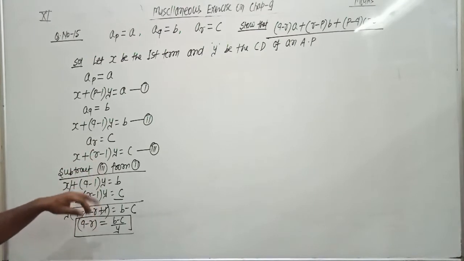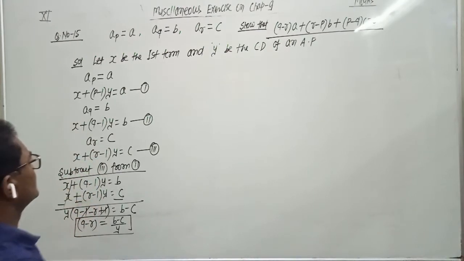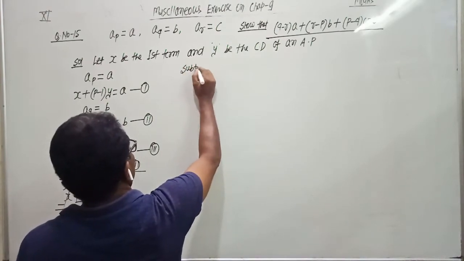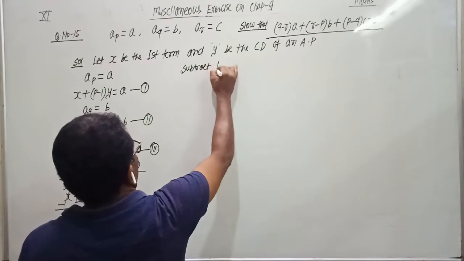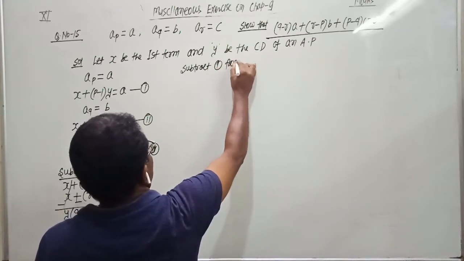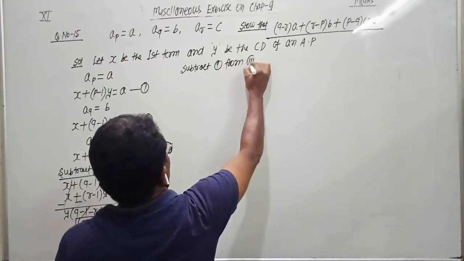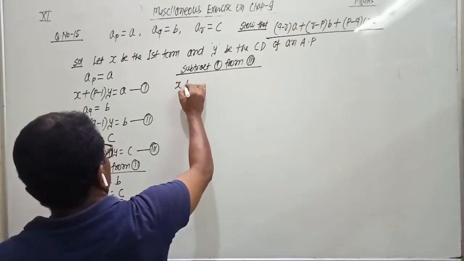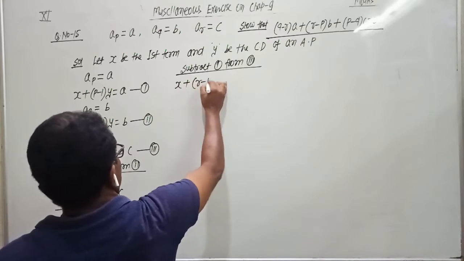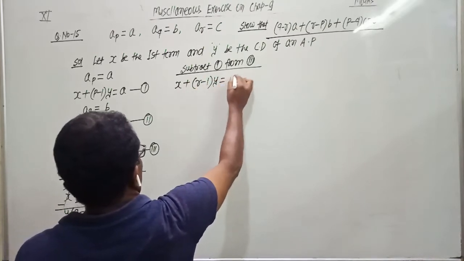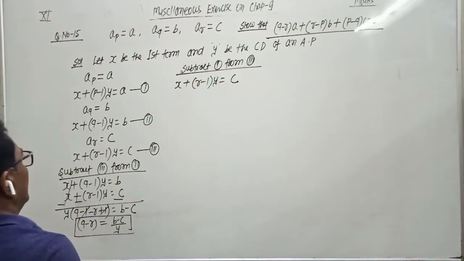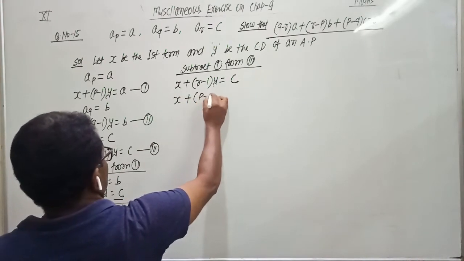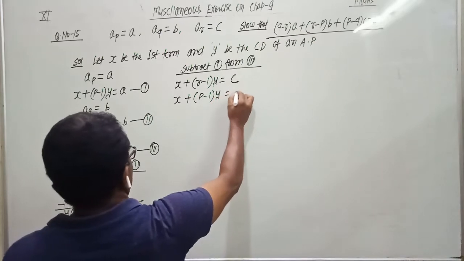Then for finding r minus p, subtract the first equation from the third. So the third equation is x plus (r minus 1) into y equals c, and the first equation is x plus (p minus 1) into y equals a.